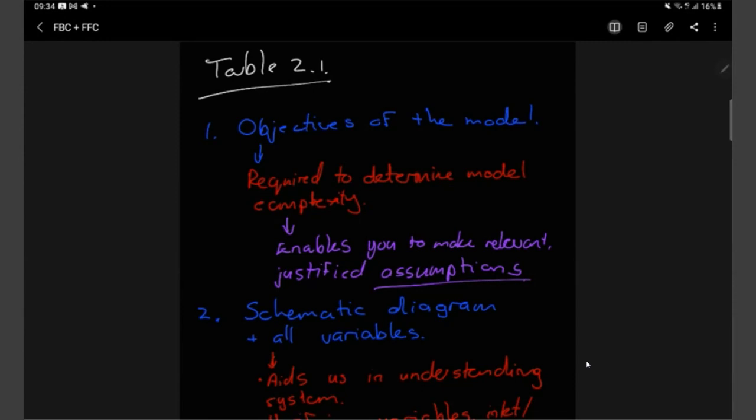Second, which I would assume is not necessarily consecutive to one, it can be done prior, is the schematic diagram. I'm a picture kind of guy, not picturesque, but a picture kind of guy. So I like drawing diagrams.